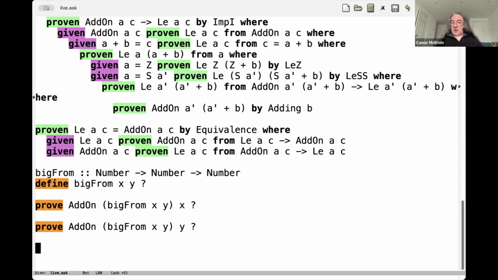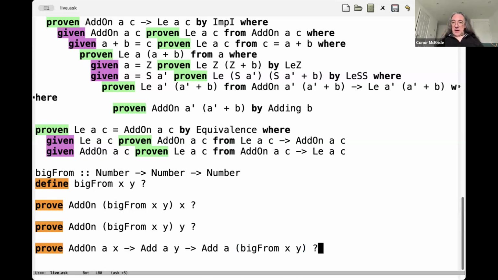So what I want to show is that if you can get from somewhere to x, and you can get from the same place to y, then you can get from A to big from xy.